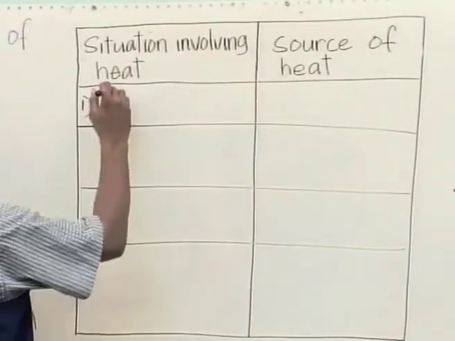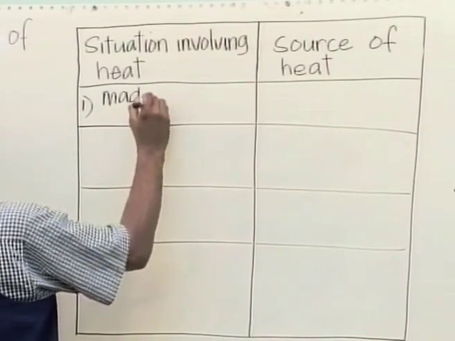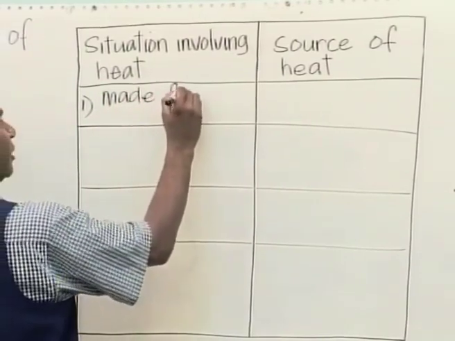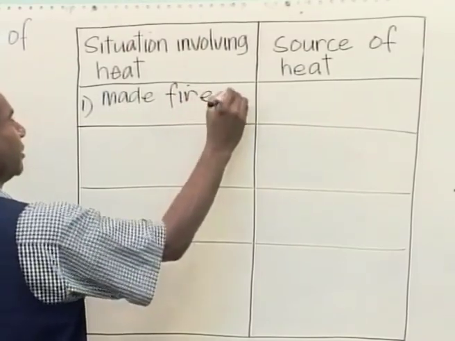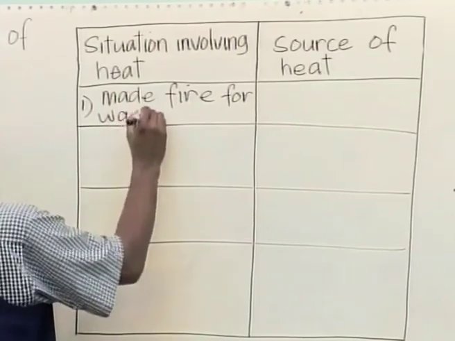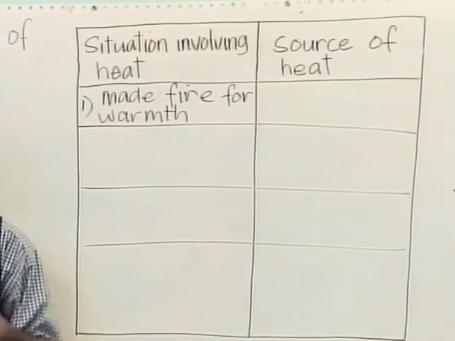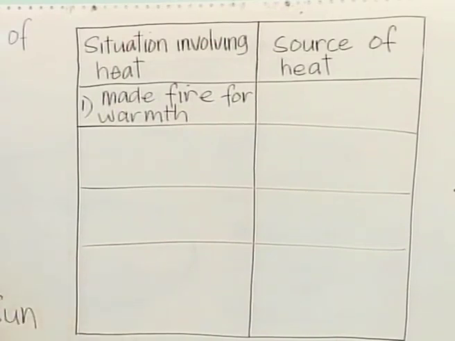Okay, you made fire for warmth. So when you're cold, you make fire to keep yourself warm. What was the source of the fire? What did you use to make fire to give you heat?